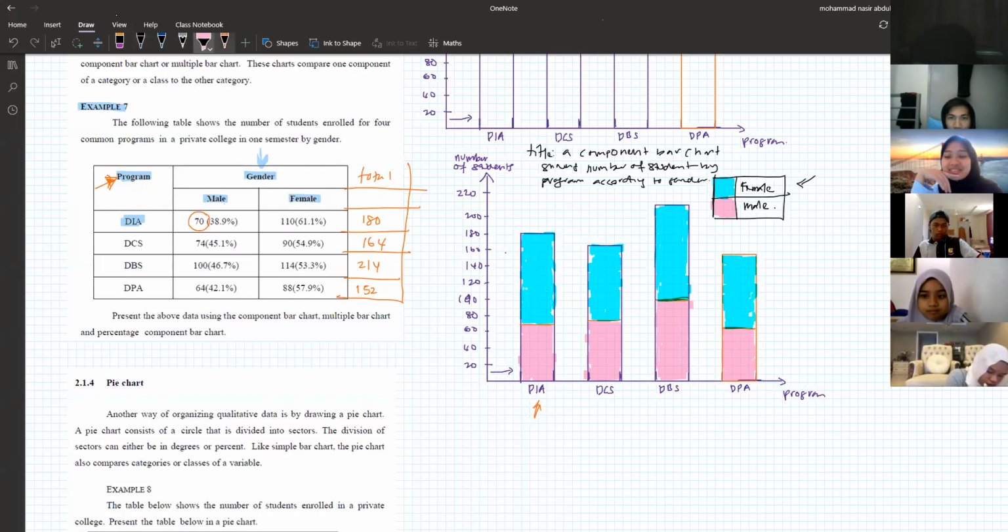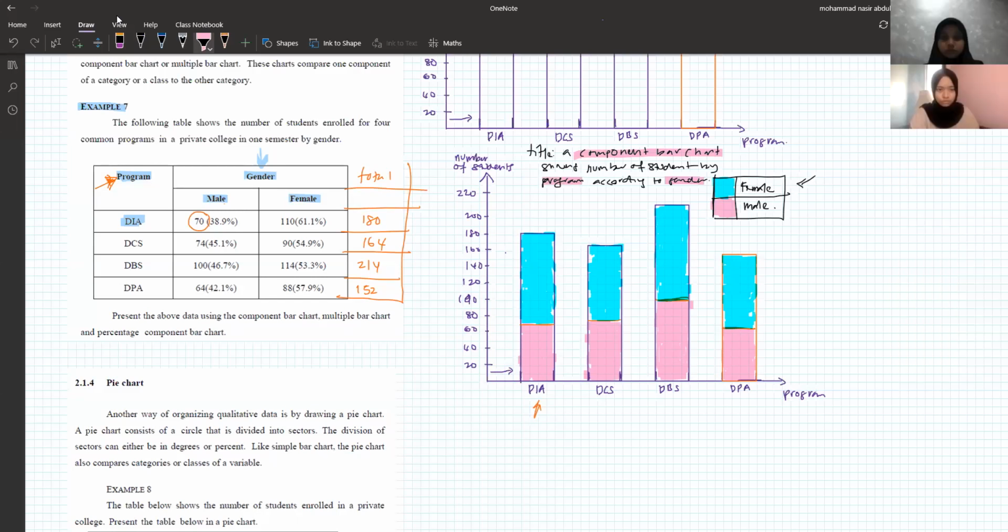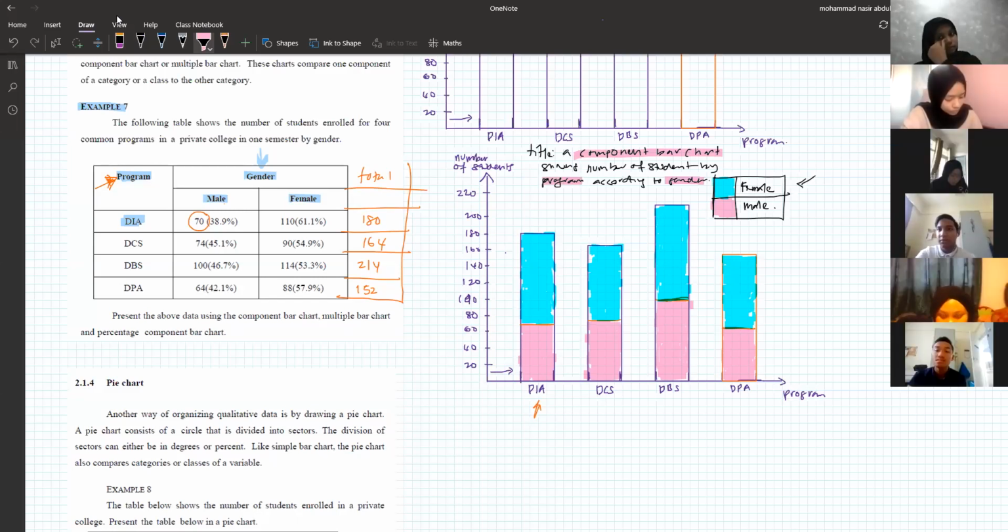So again, I repeat myself, the components that you need to include in the title of the graph, you should have the type of graph and the variable involved in the graph, right? So this is what we call a component bar chart or stack bar chart, right?